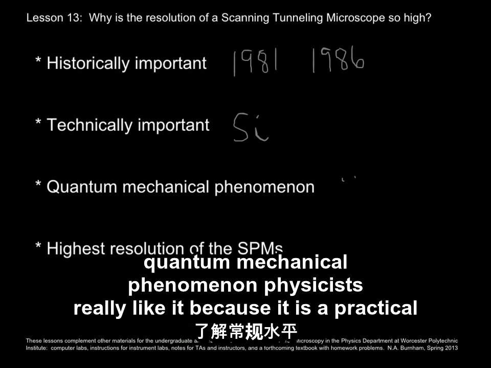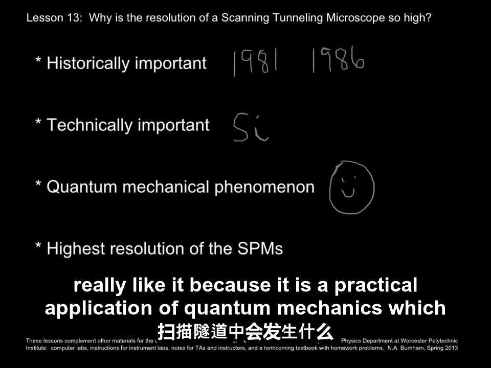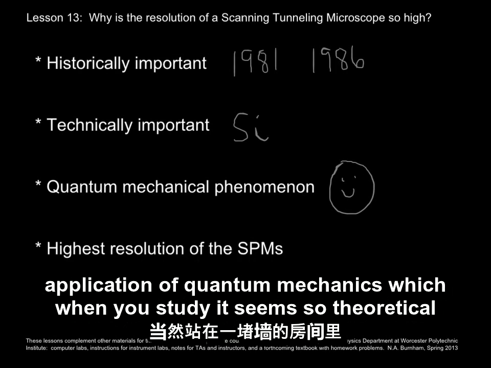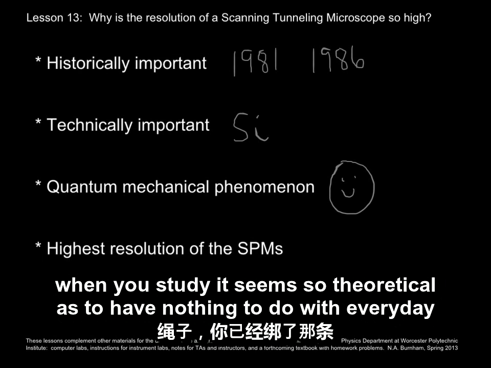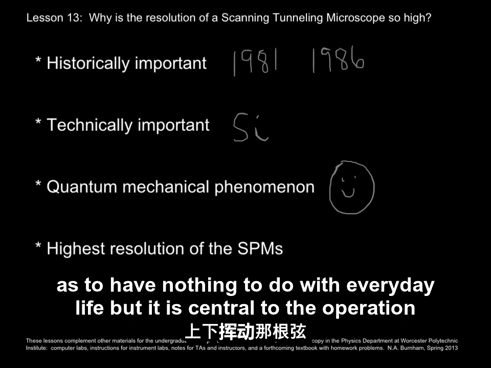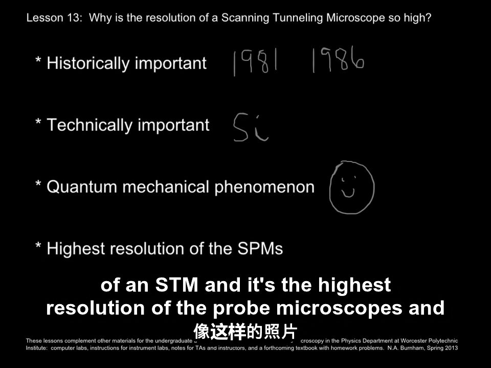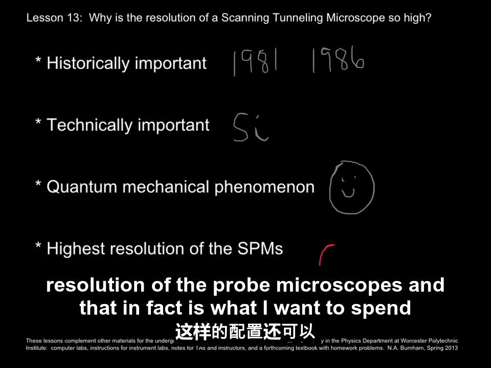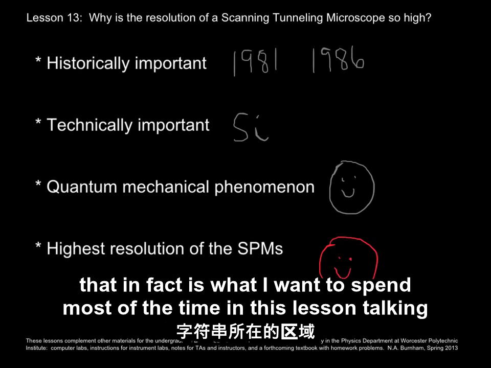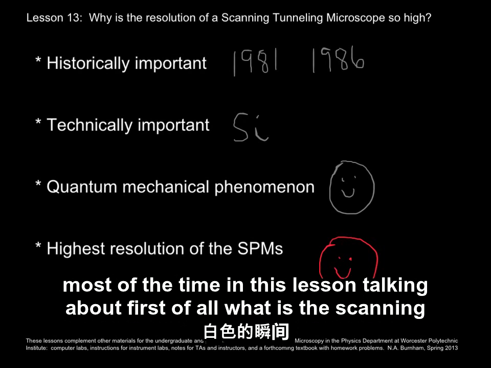Physicists really like it because it is a practical application of quantum mechanics, which, when you study it, seems so theoretical as to have nothing to do with everyday life. But it is central to the operation of an STM. And it's the highest resolution of the probe microscopes, and that, in fact, is what I want to spend most of the time in this lesson talking about.